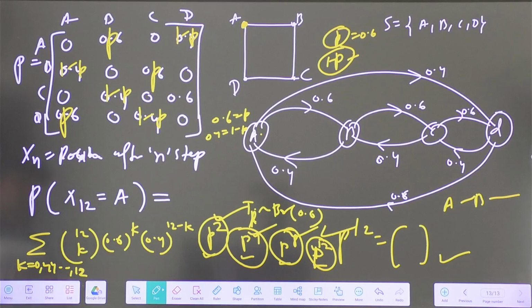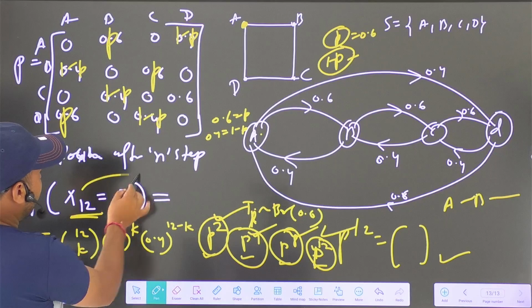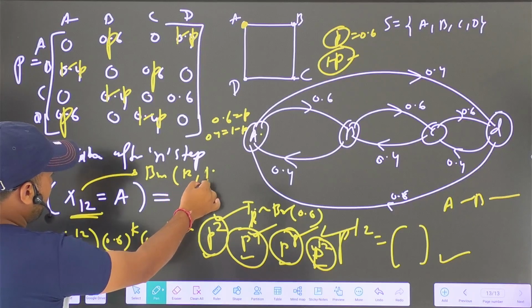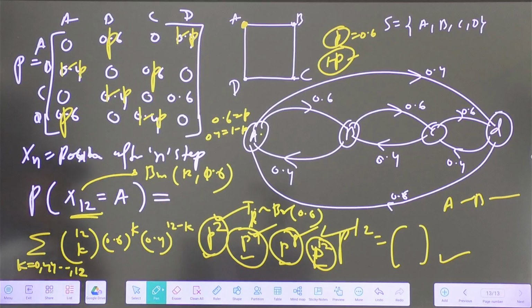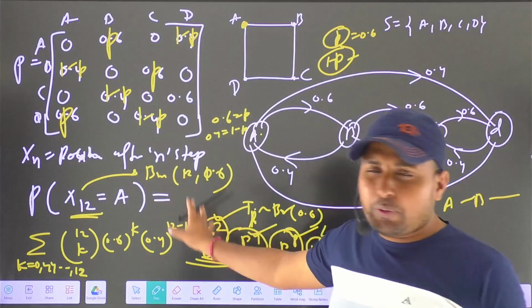This is a binomial distribution actually. Each xi has 2 options, and you have to take 12 steps. So that will make it binomial with 12 and some 0.6. But you have to reach in how many steps you can reach? That is the question. So A to A you have to reach. I think this is the easier way. The other will take time. So you do it this way also. I will also do it this way only.